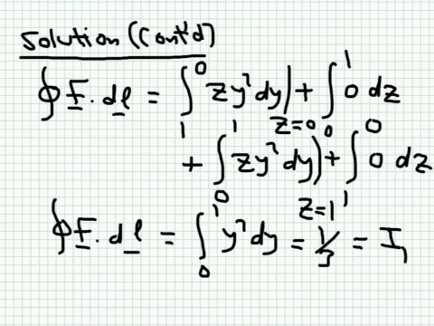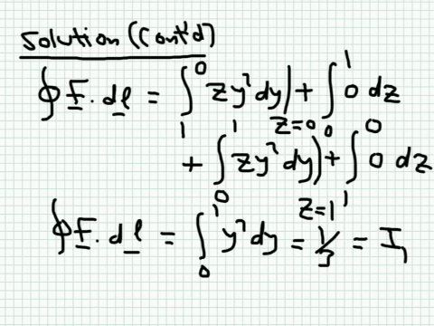The second part that we have to carry out, which is the left hand side of Stokes theorem, is to integrate over the closed contour of f dot dl, and as I explained earlier, we have 4 segments. First, dl is equal to dy ay, and y is decreasing from 1 to 0. The second one is dl equal to dz az between 0 and 1.